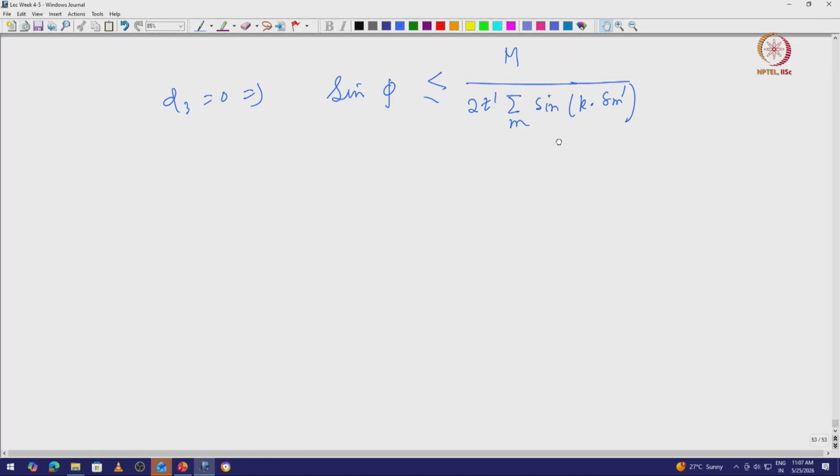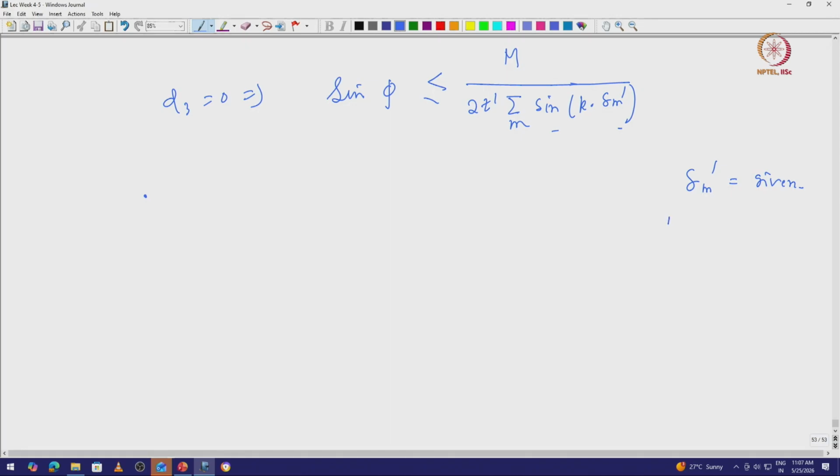So this one we can evaluate; we can do a little more and evaluate this term. We already know what the delta m prime terms are, given, and we can work it out.